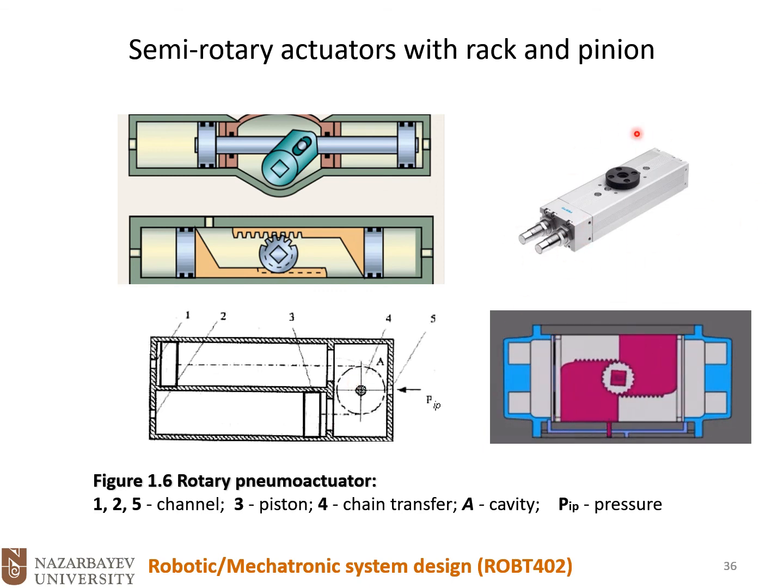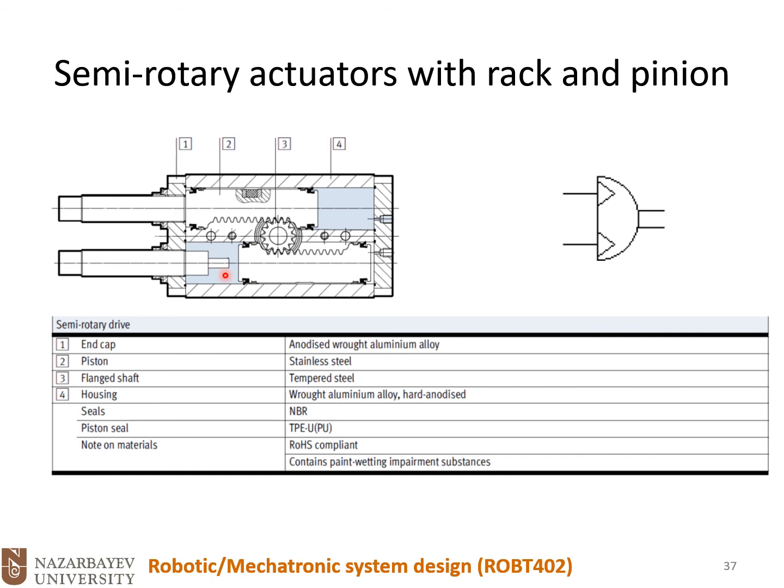Here we have one industrial application. You could see two ports, two pressurized chambers. And we have this rotary output which is attached to the pinion. Here we have again one type of semi-rotary actuator with rack and pinion. This is a symbol. You see we have this half circle that shows this is a semi-rotary.